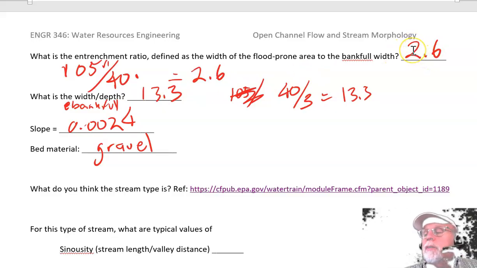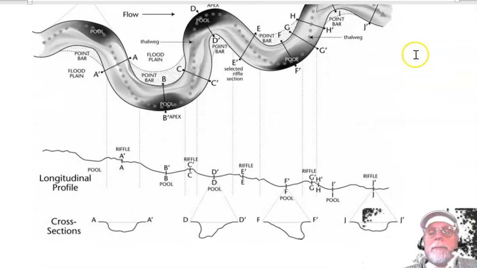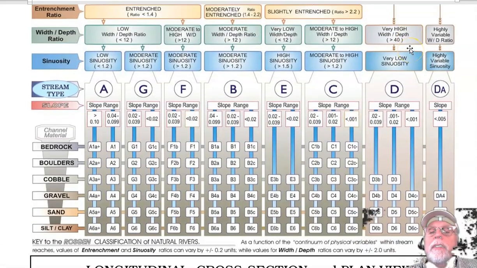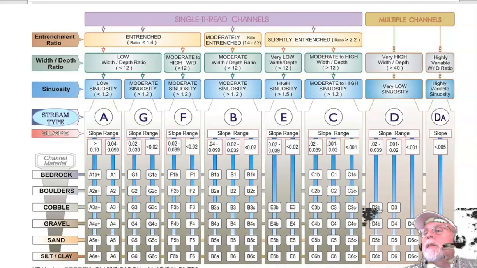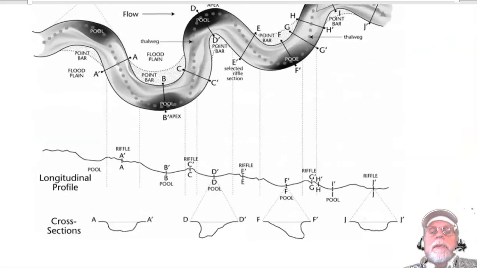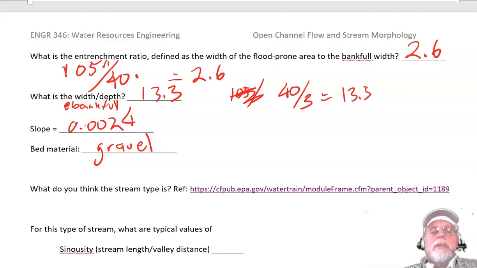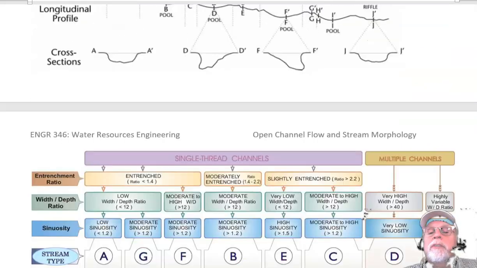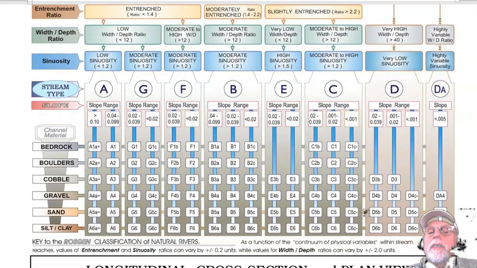Okay, let's keep those numbers in our head here a little bit, and we'll go down here, and we have a slope of 0.024. Okay, that's 2%. All right, one more time. Slope of 2%, no, not 2%, 0.2% or 0.0024.